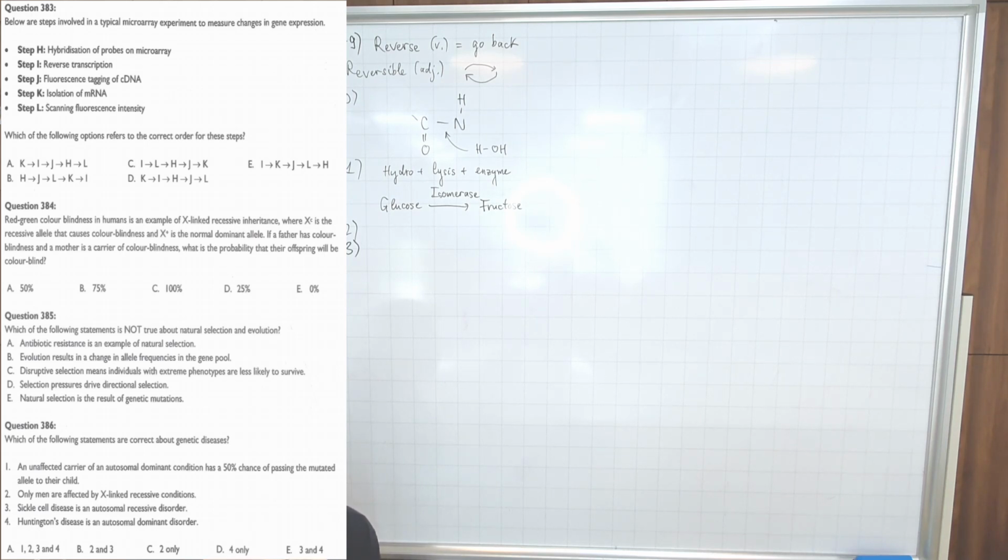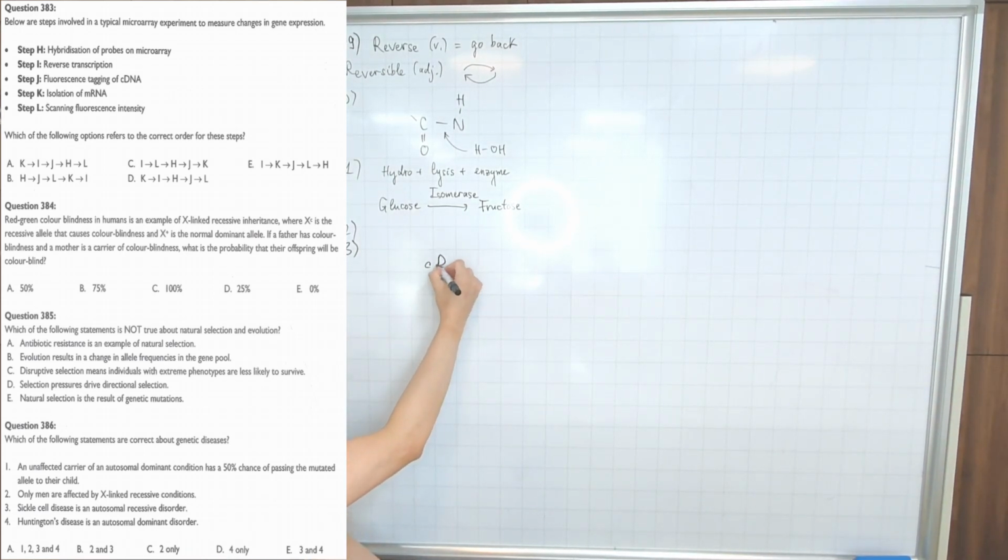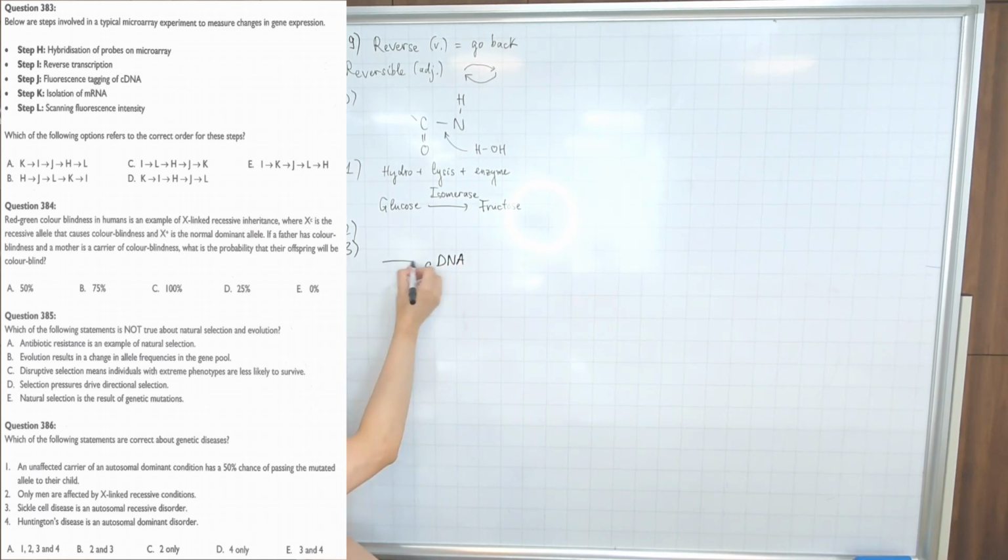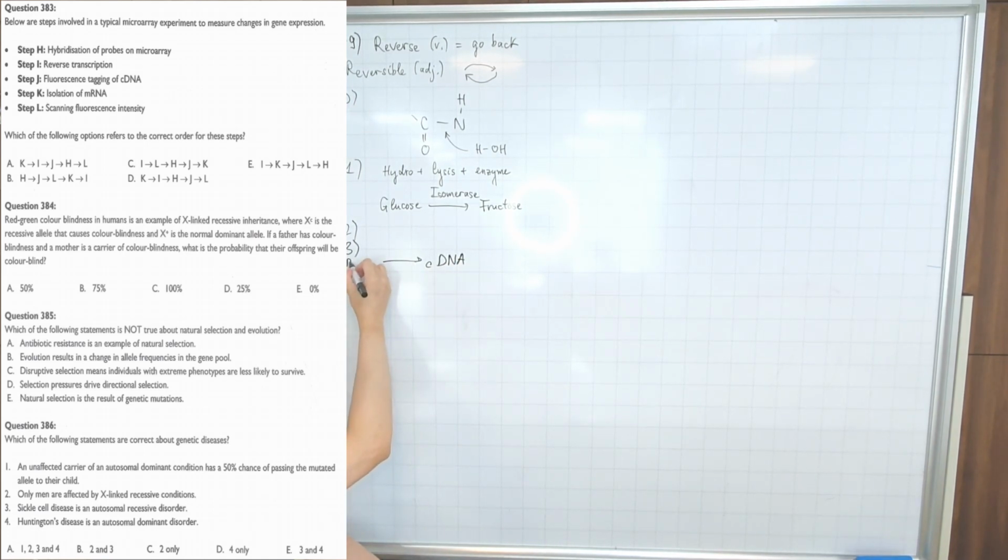Okay, so you can see that this one there, what is it? cDNA, complementary DNA. So you know that complementary DNA has to be made from messenger RNA through reverse transcription, right?